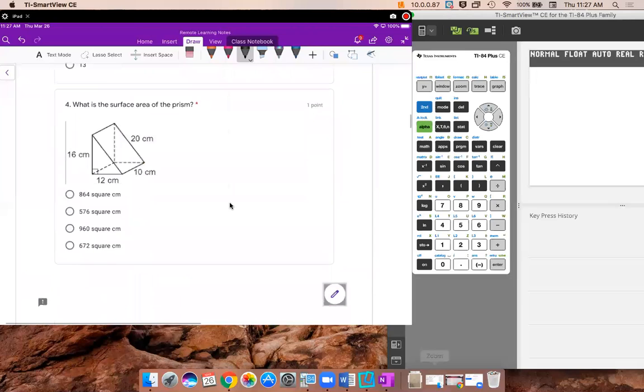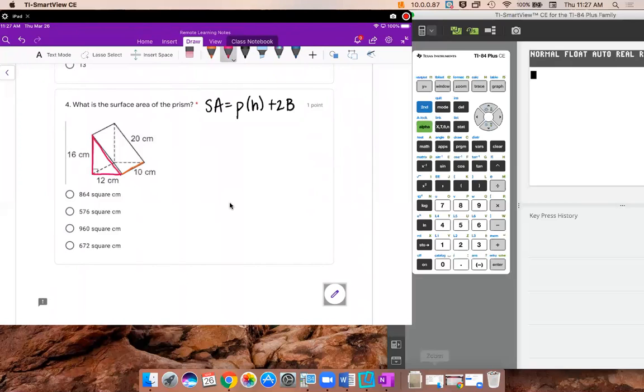Okay, when we're doing surface area of prisms, remember surface area has the formula where you take the perimeter of the base times the height plus 2 times the area of the base. So what we have to do is determine what the base is. This triangle is my base because it is the thing that is being repeated over and over again. And then my height is 10, as it's going backwards.